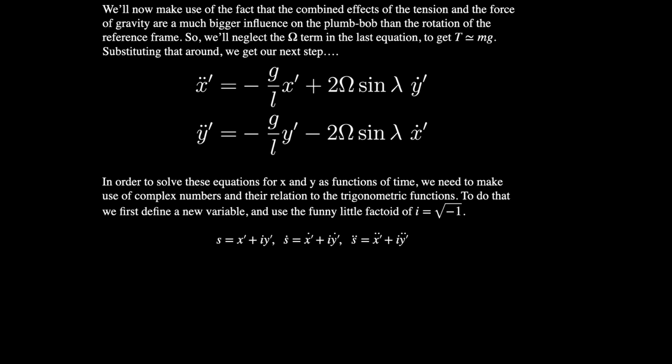In order to solve them as functions of time, we need to make use of some important relationships. So let's do the first thing. Notice that we're going to create a new variable, s, and s will be equal to x tick plus i y tick.